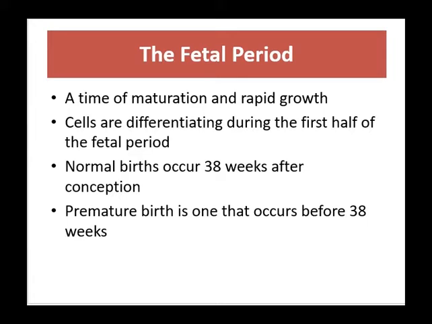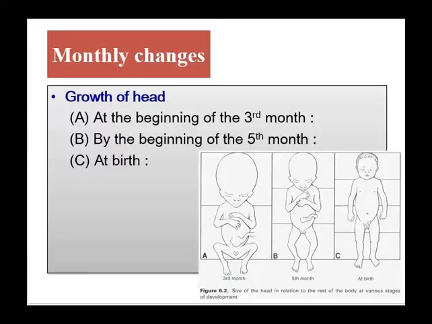So regarding the fetal period, we have rapid change that we can call monthly change. This monthly change occurs according to rapid growth of the fetus, and we can easily note, for example, the size of the head compared to the rest of the body.